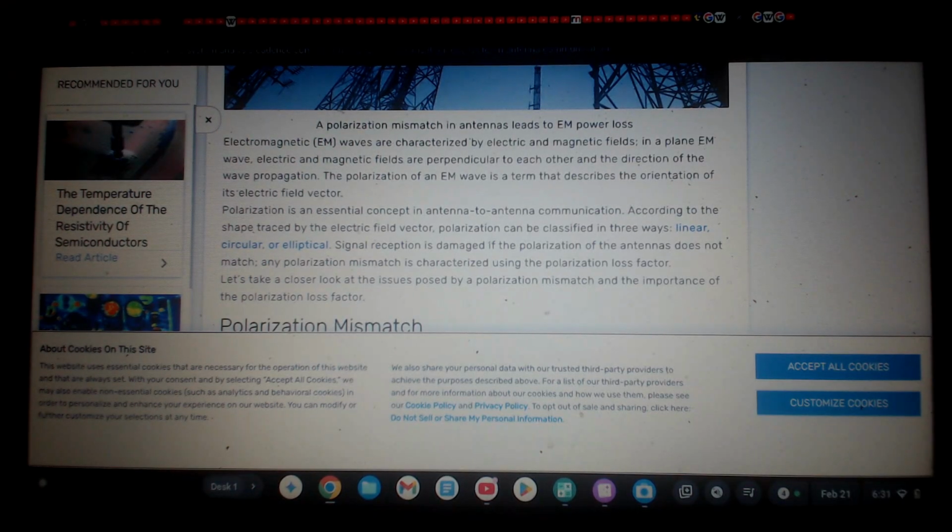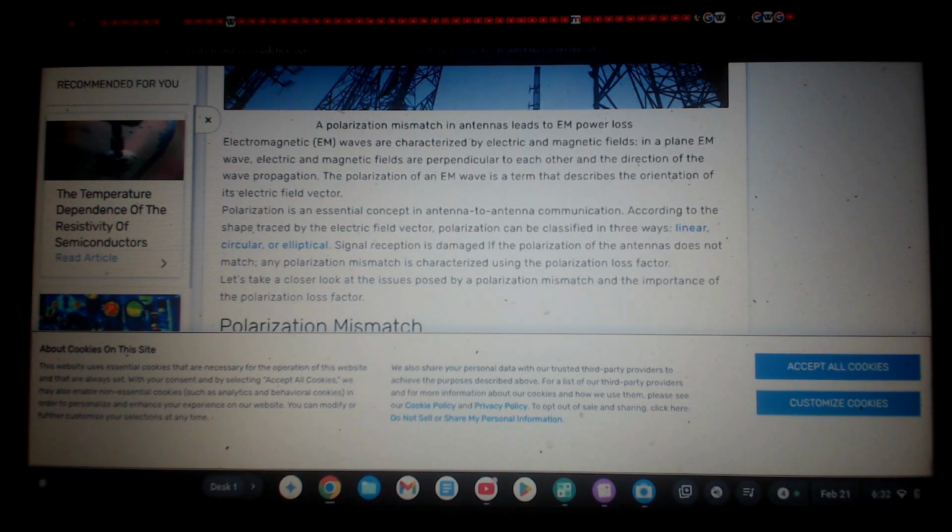Polarization is an essential concept in antenna-to-antenna communication, according to the shape traced by the electric field vector. Polarization can be classified in three different ways: linear, circular, and elliptical. Signal reception is damaged if the polarization of the antennas does not match.